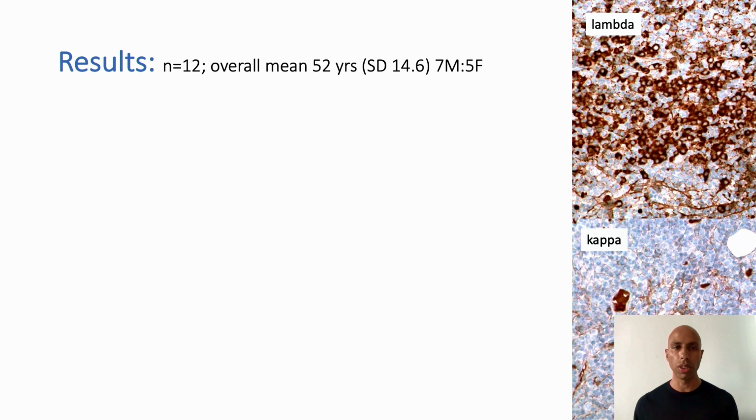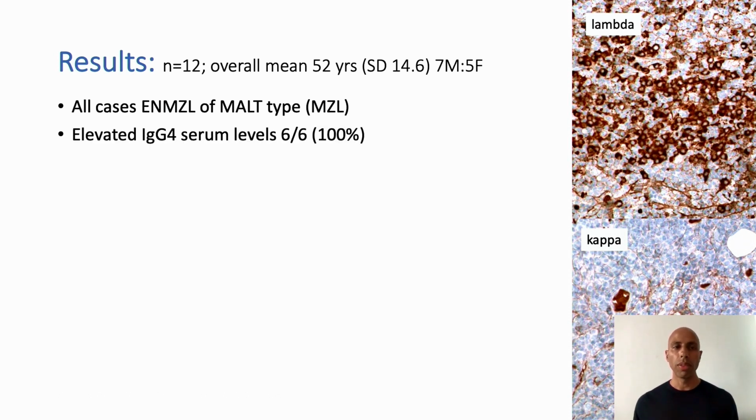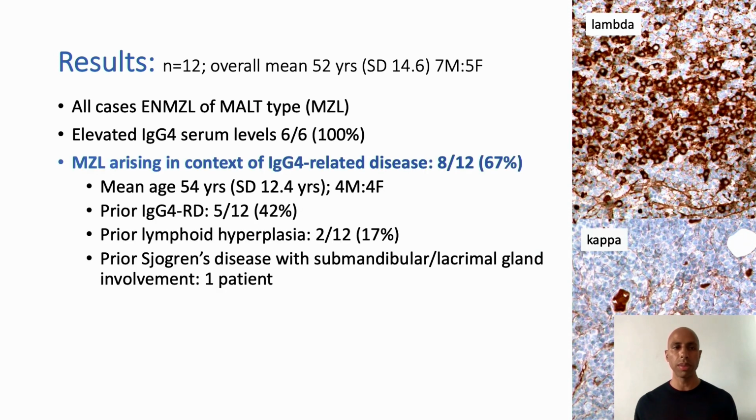So overall, we had 12 patients. The overall mean age was 52 years, 7 men and 5 females. All cases were extranodal marginal zone lymphoma of MALT type. Of those that had serum IgG4 levels measured, all were elevated.